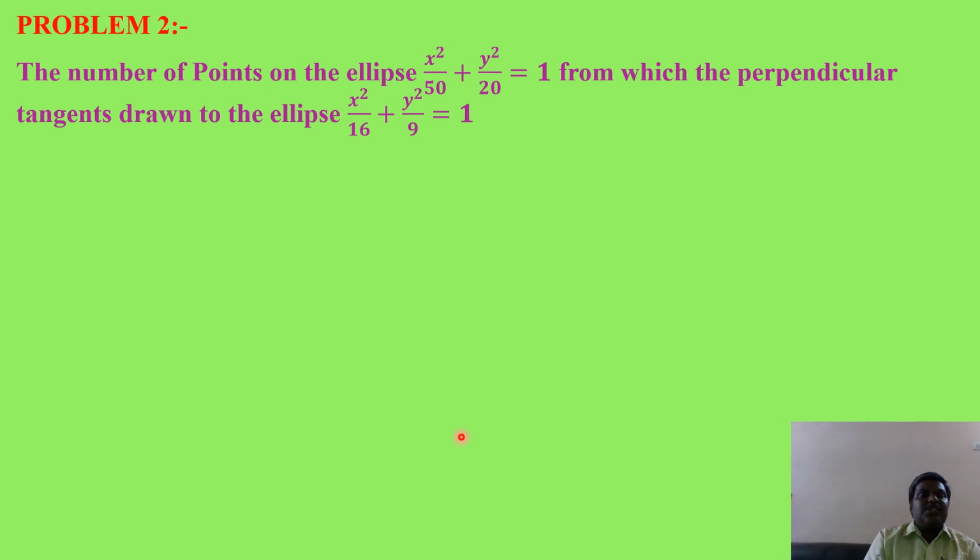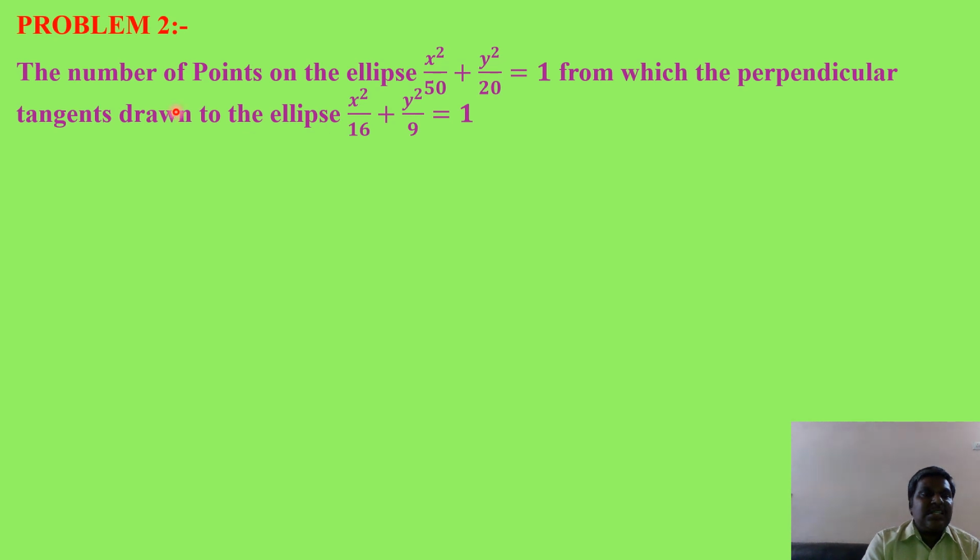See this one. This is the question. The number of points on the ellipse x square by 50 plus y square by 20 is equal to 1, from which perpendicular tangents are drawn to the ellipse x square by 16 plus y square by 9 is equal to 1. Two ellipses are given to you. This is one ellipse and this is the second ellipse.